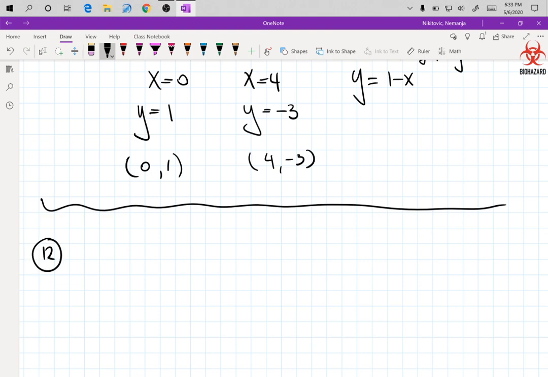Let's take problem 12. X squared plus y is equal to 4, and 2x plus y is equal to 1. I'm never ready to type.